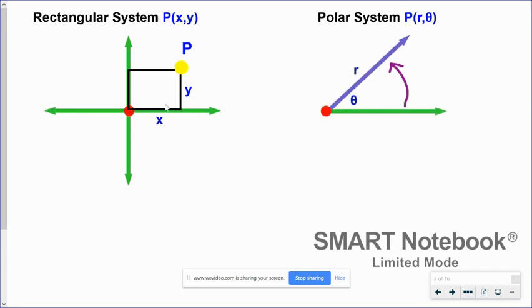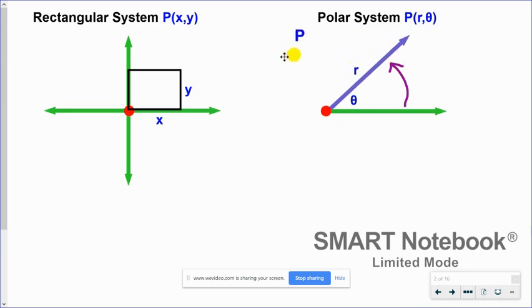Well, instead of a horizontal and a vertical axis, there is a polar axis and a point called the pole. Any particular point P can be defined in terms of a direction of rotation, remembering positive angles and negative angles in rotational directions, and then I could move a particular distance from the pole, which I'm going to call R.